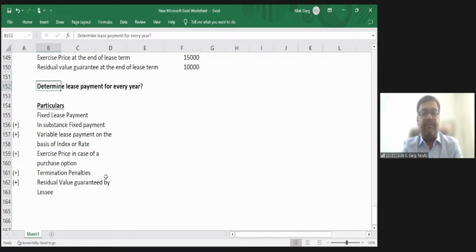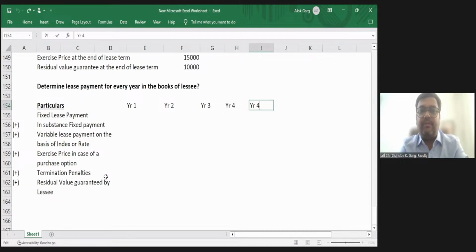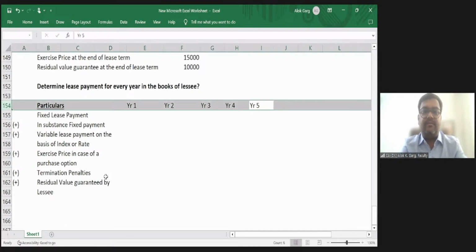Determine lease payment for every year in the books of lessee. So here I'll write year 1, year 2, year 3, year 4, and year 5. And you need to quickly help me with what I should write.